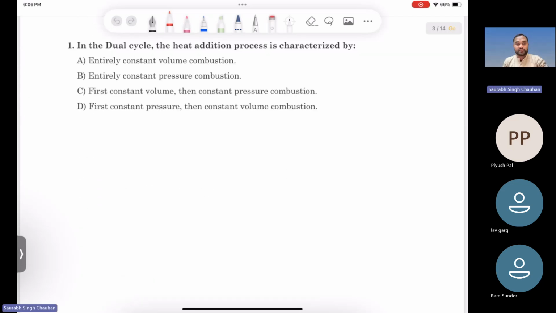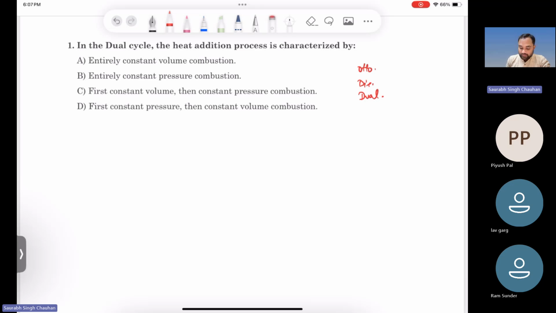So to start with, this is the first question, question number 1. It says that in the dual cycle, the heat addition process is characterized by, okay, so you have studied Otto cycle, diesel cycle, and dual cycle, and you know the PV diagrams and TS diagrams, right? So we have to tell that in dual cycle, the heat addition process is which type of process?